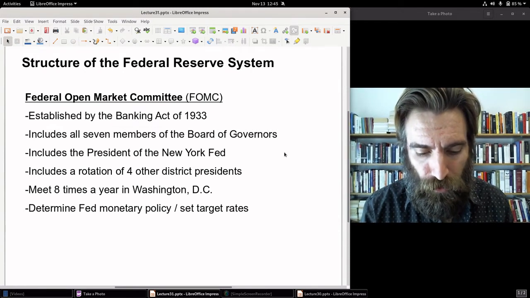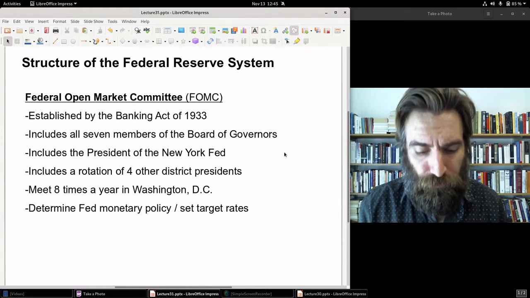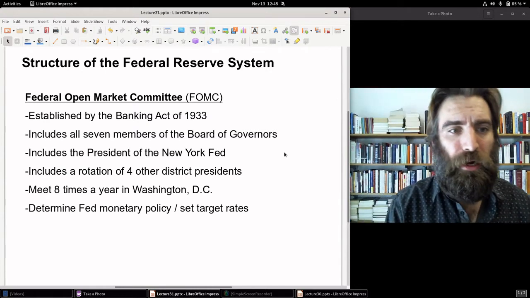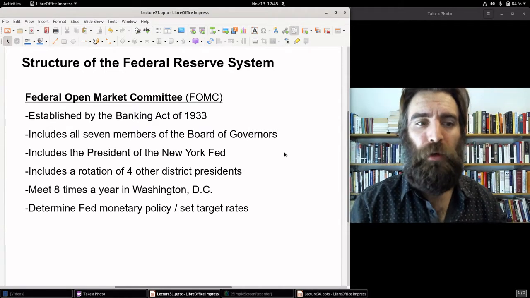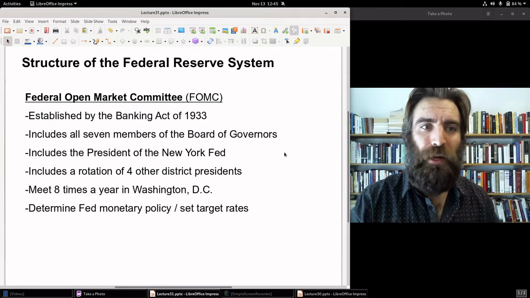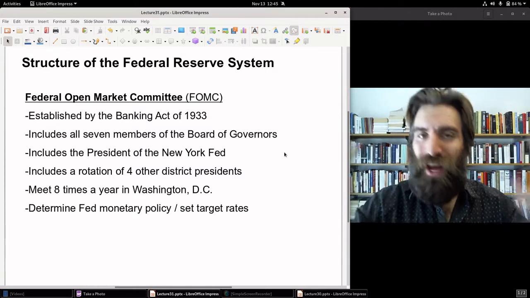They meet 8 times a year in Washington, D.C., at the Eccles Building, usually about 7 weeks apart. And at these meetings, they deliberate and determine basically Fed monetary policy.